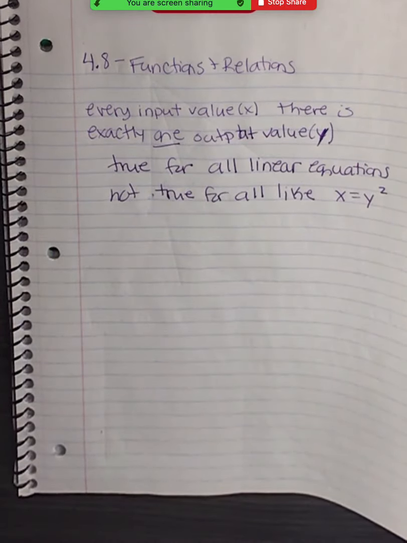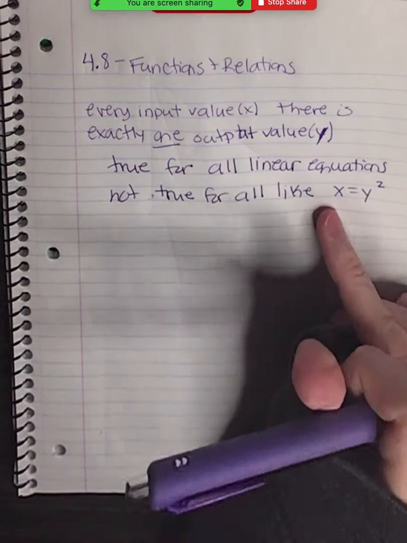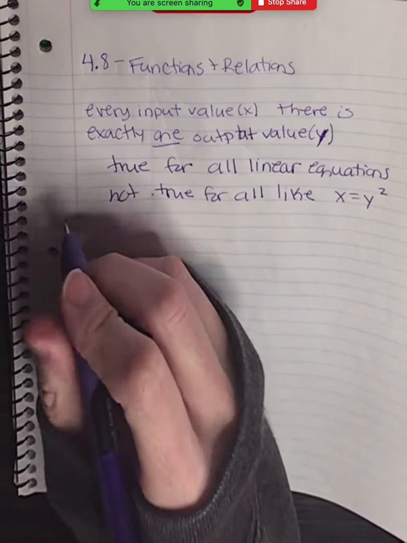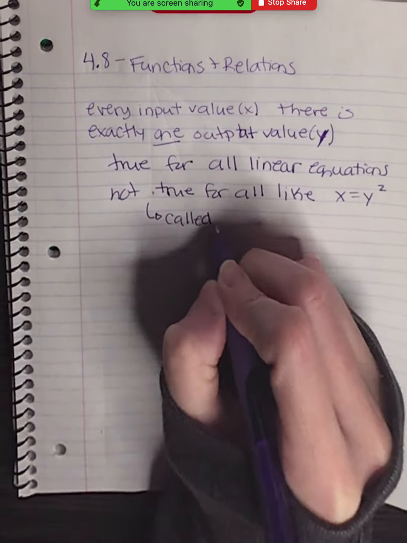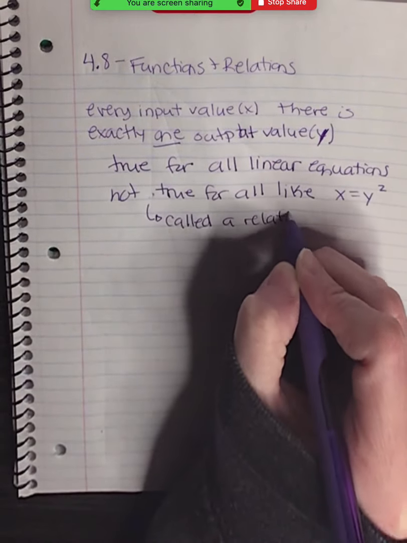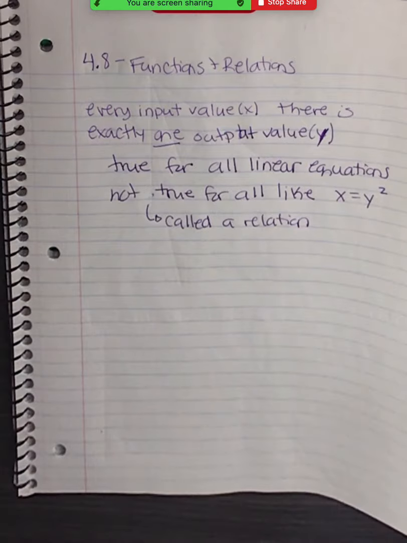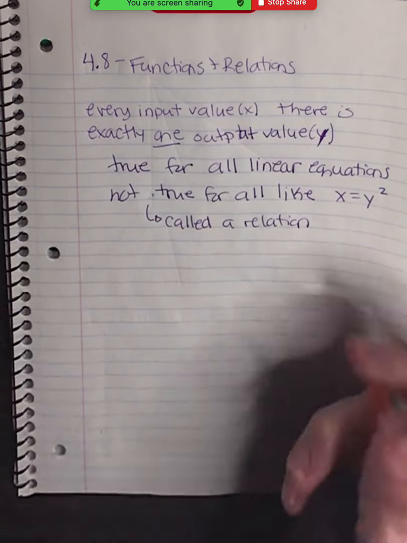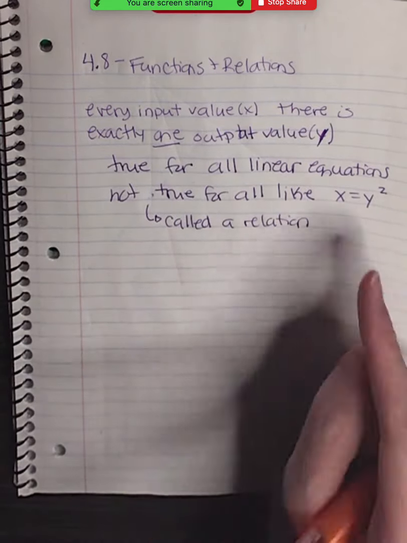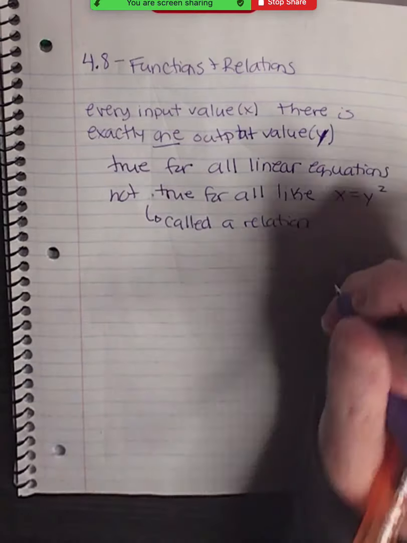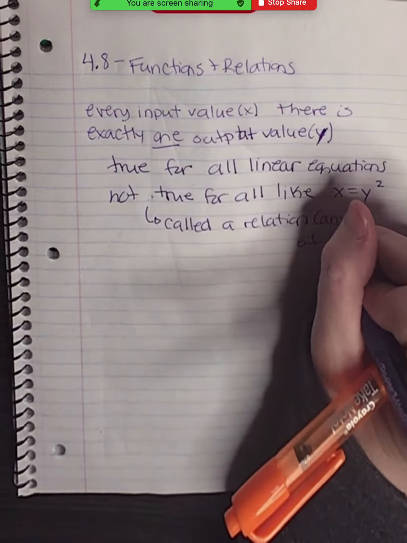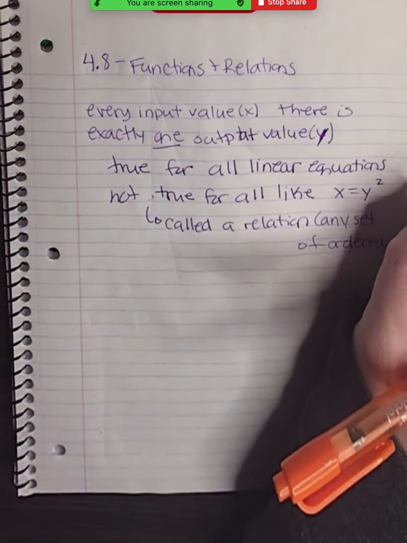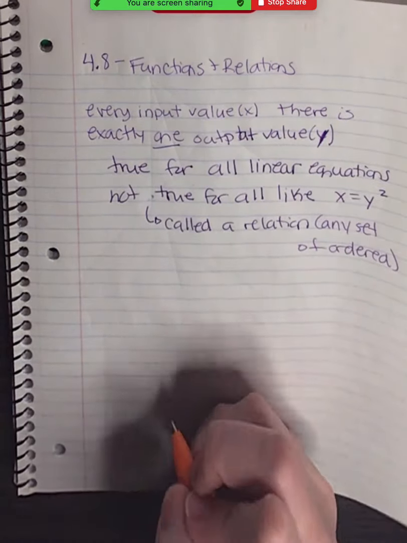A rule like this is called a relation. Within this relation, meaning any set of ordered pairs, you can have a function.